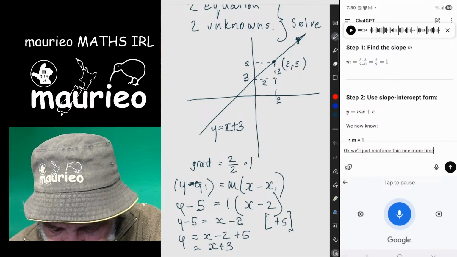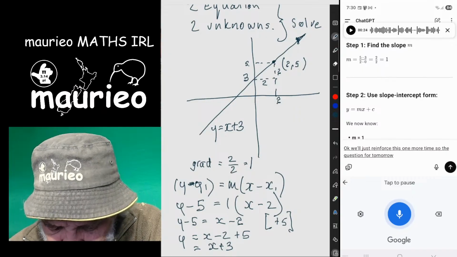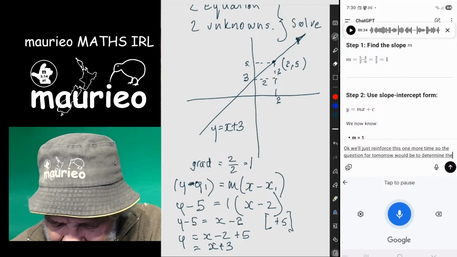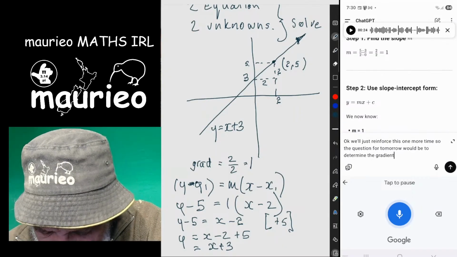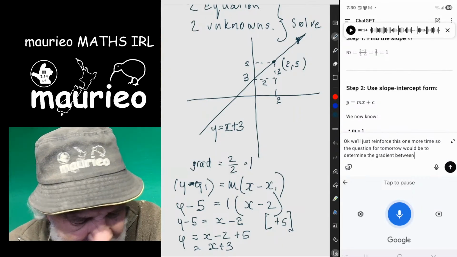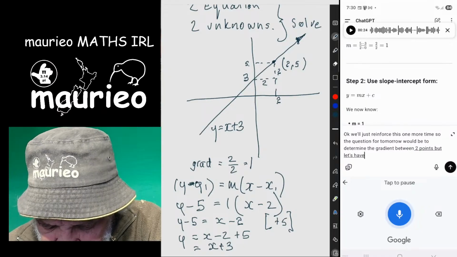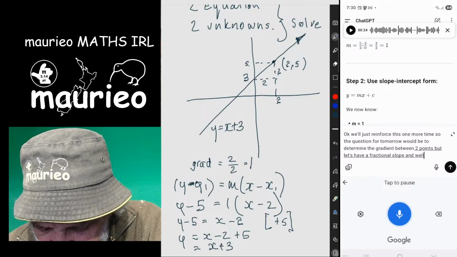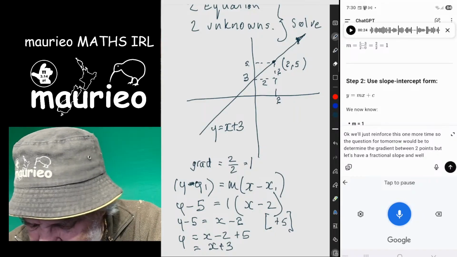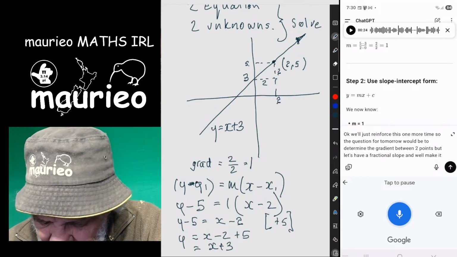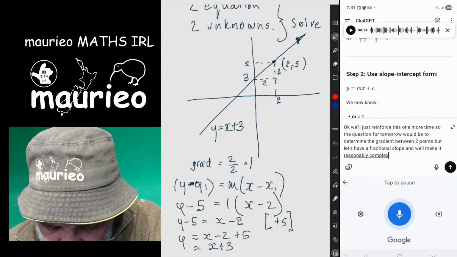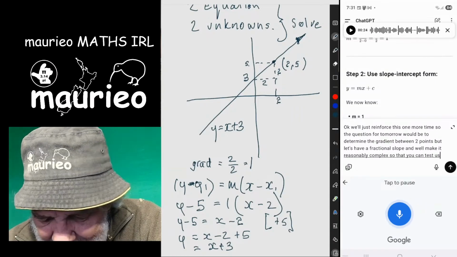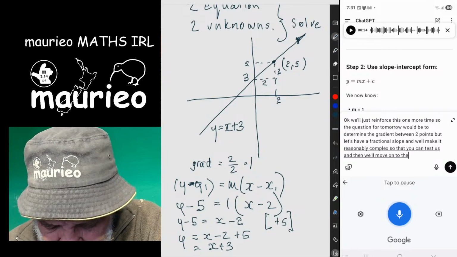So the question for tomorrow would be to determine the gradient between two points, but let's have a fractional slope and make it reasonably complex so that you can test us, and then we'll move on to the next topic.